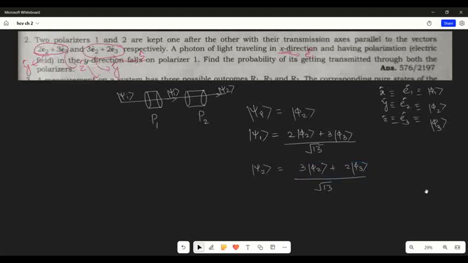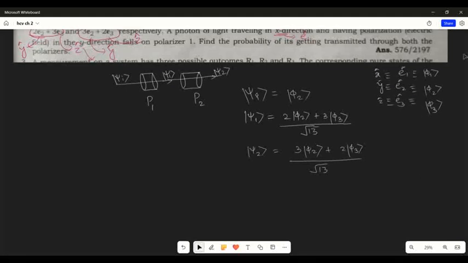So we have to calculate the probability that the photon gets transmitted through both the polarizers. So let's first calculate PA, the probability that the photon gets transmitted through the first polarizer.